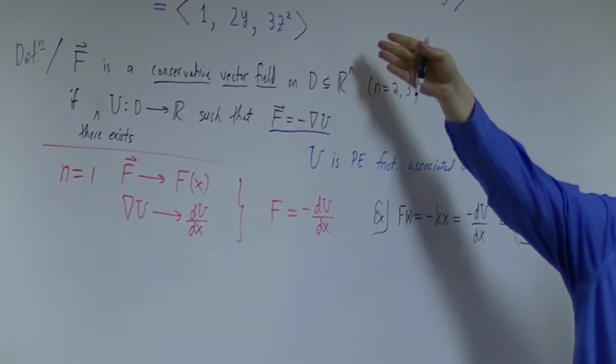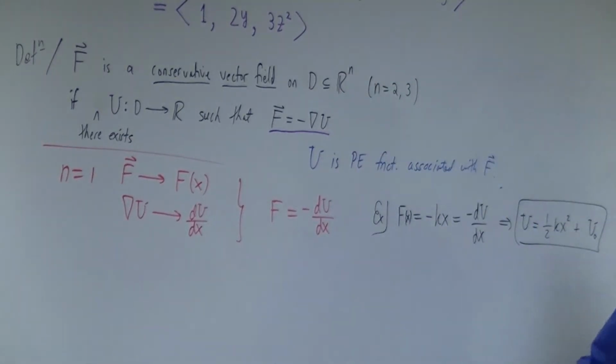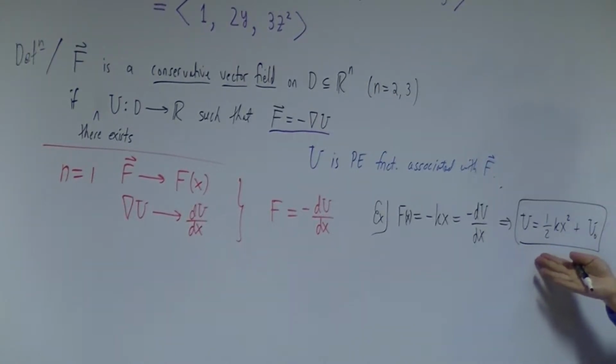So there's not a unique potential function for a given force field. You can always add at least constants, sometimes more. Anyway, it's clear for this one: if you differentiate that, you get kx, put a minus on it, you get minus kx. This is the potential energy function for this ring.